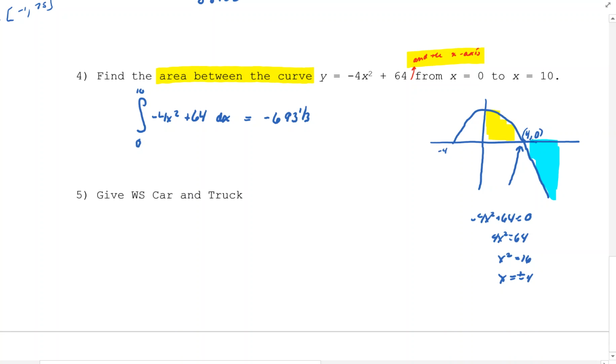So if I want to know the total area, I'm going to take the area from 0 to 4 of negative 4x squared plus 64 dx. And then I'm going to add the opposite of the area from 4 to 10 of that same function.